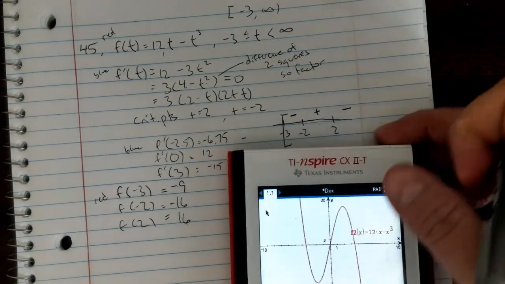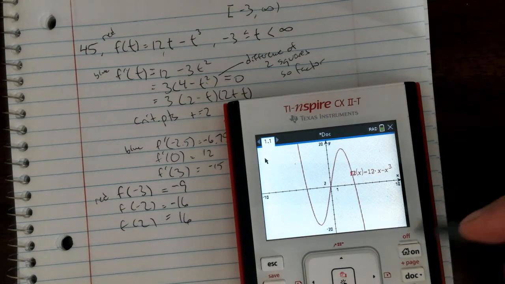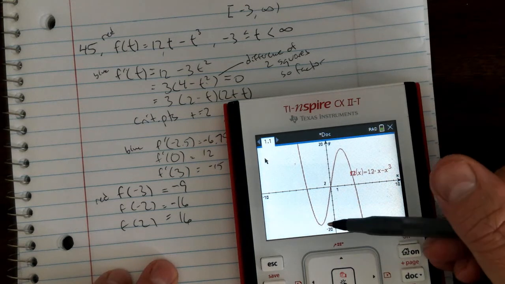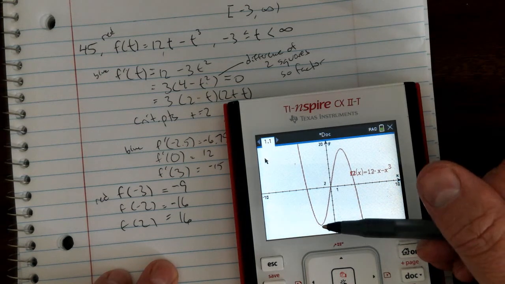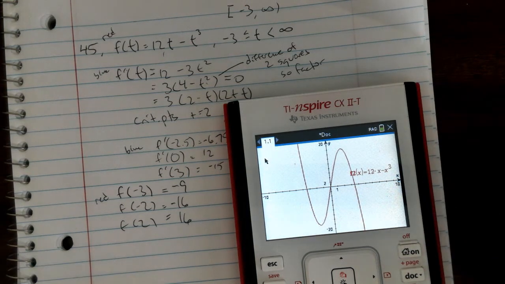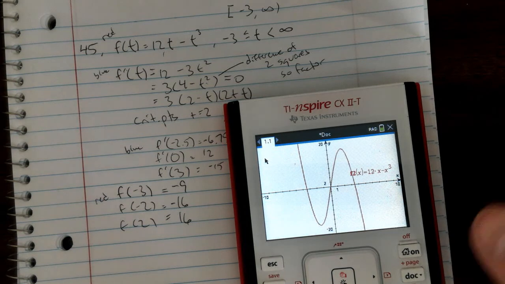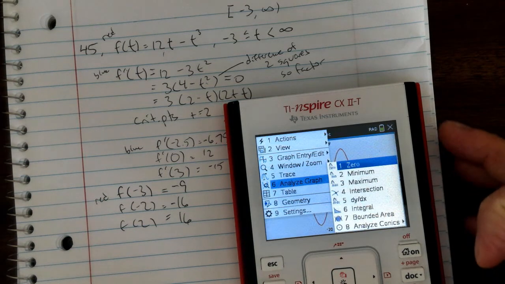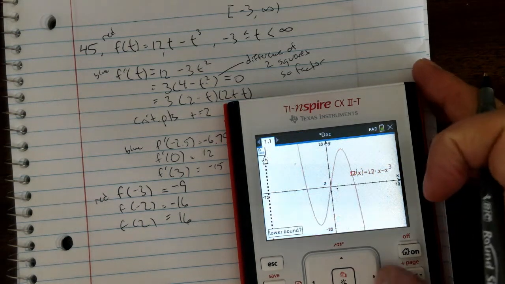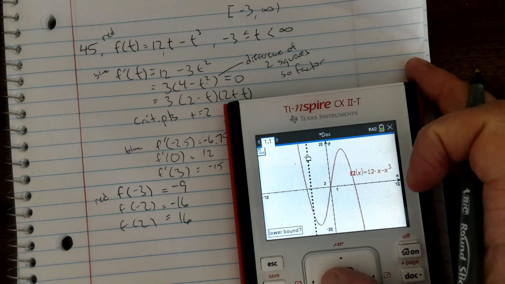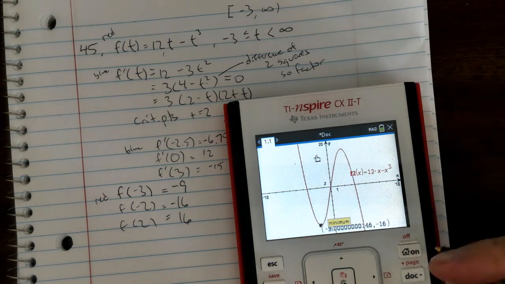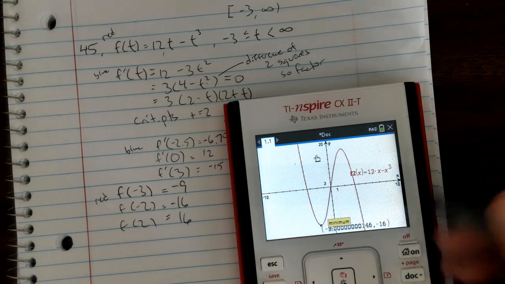Okay, so I changed my window to negative 20 to 20, and then I can see this is a minimum, that's a maximum. So go to your minimum from here to here. That gives you negative 2, negative 16.